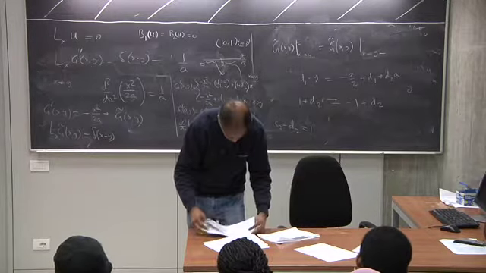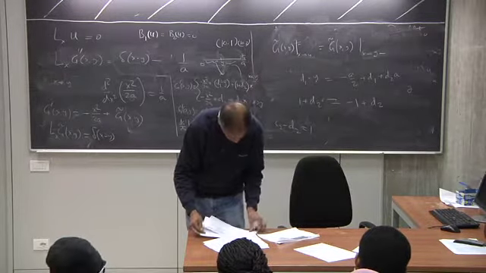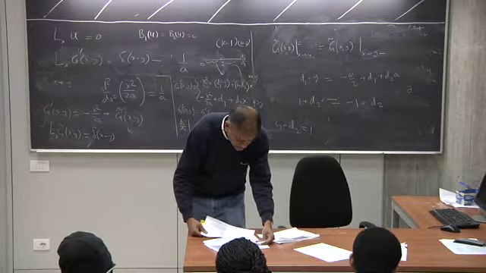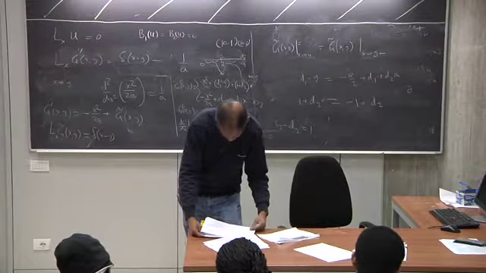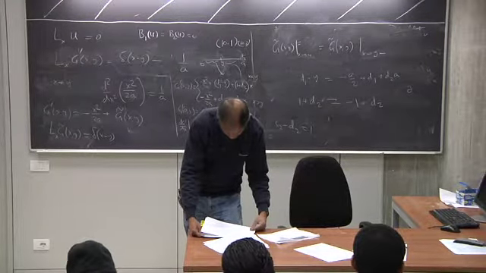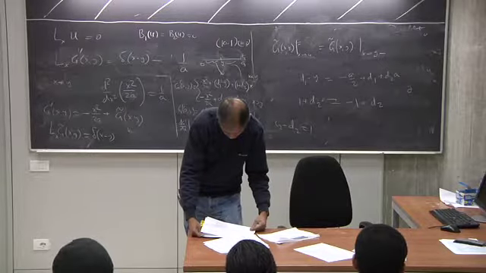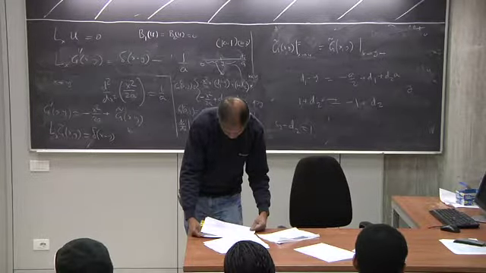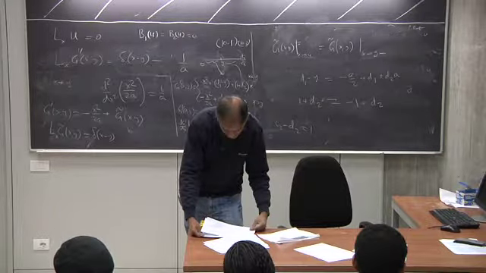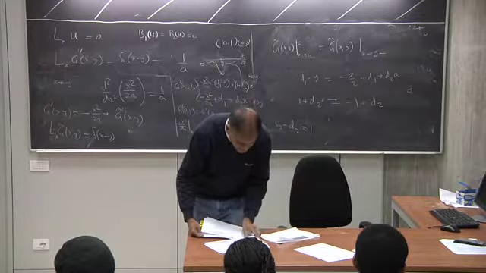Let's see. I must have made some silly algebraic mistake there. The discontinuity, C2 minus D2 is minus 1. So why is it minus 1 here?